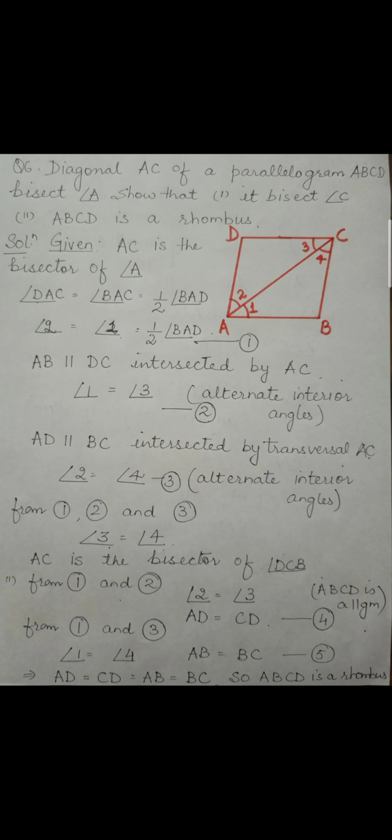So angle 2 is equal to 3. If 2 is equal to 3 in triangle ADC, then we can take sides opposite to equal angles are equal. So we are using here AD is equal to CD, sides opposite to equal angles.